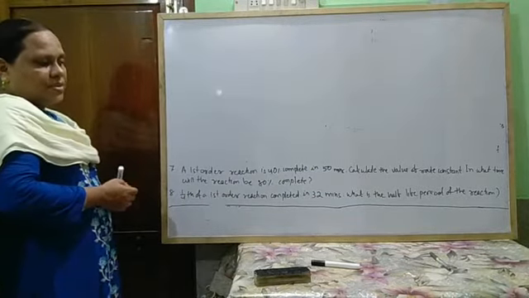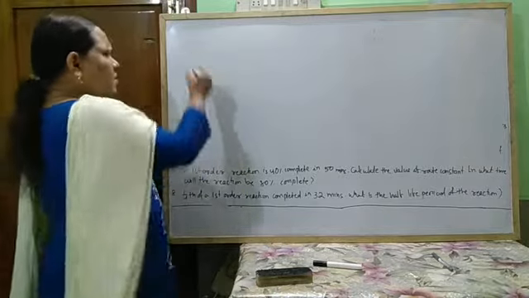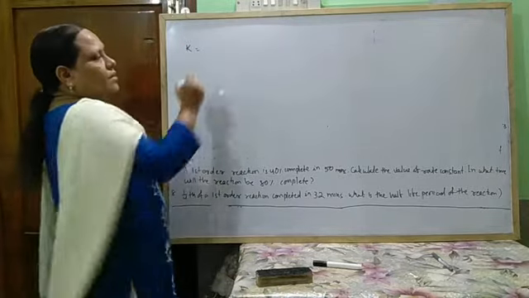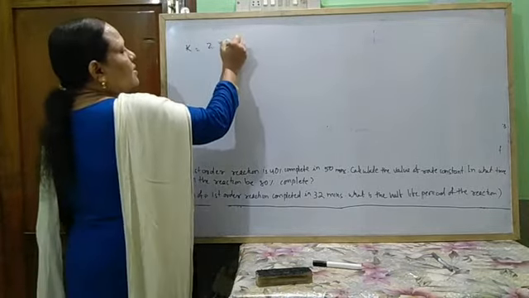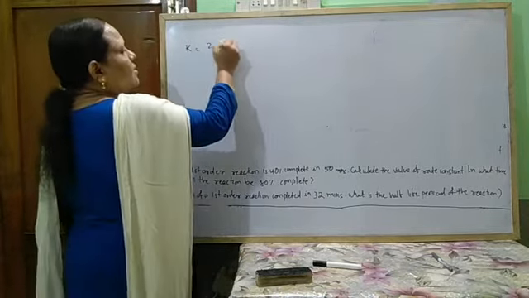So if any fraction is given, solve it like this. K equals 2.303 by T log A by A minus A by 4.